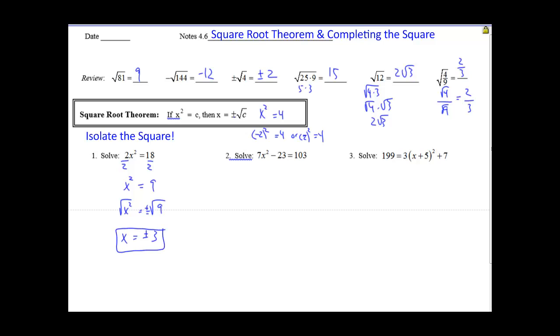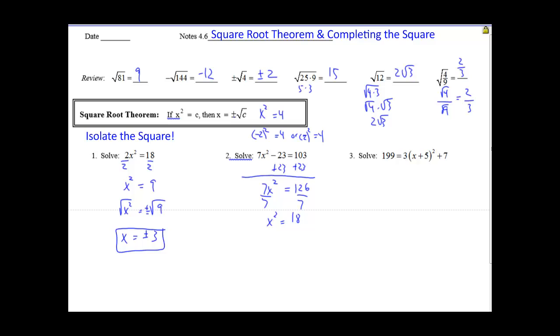Okay, number 2. To get the x squared by itself, it's attached to the 7, but it also has a negative 23. So if we move the 23 over, by moving the 23 over, you get 7x squared equals 126. Divide by 7, and you get x squared equals 18.